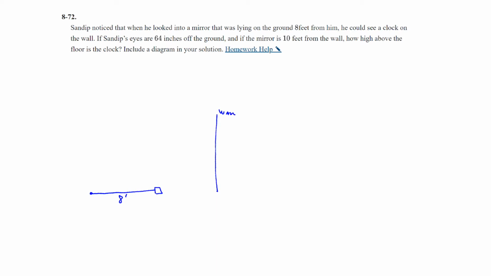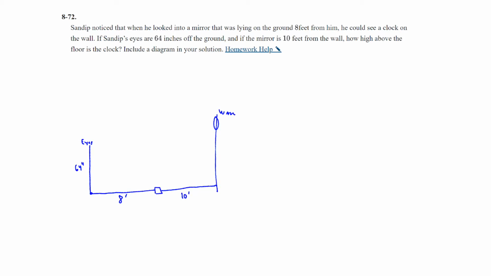If his eyes are 64 inches off the ground, so if his eyes are up here, this would be 64 inches. And if the mirror is 10 feet from the wall, now we can go to here, that's 10 feet. How high above the floor is the clock? And so then the clock's somewhere on the wall.